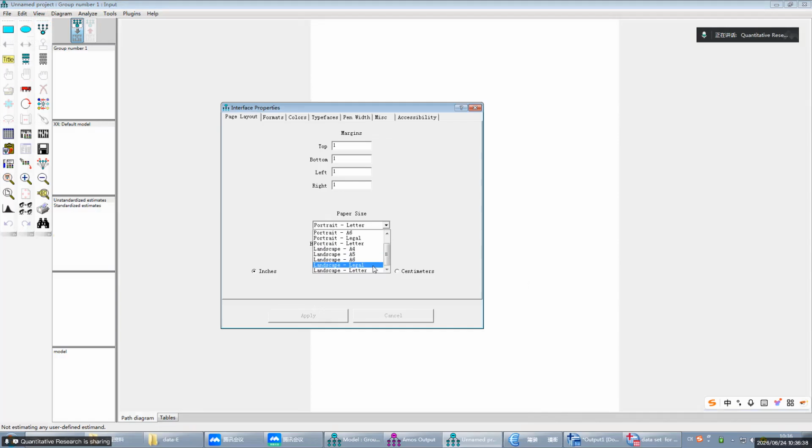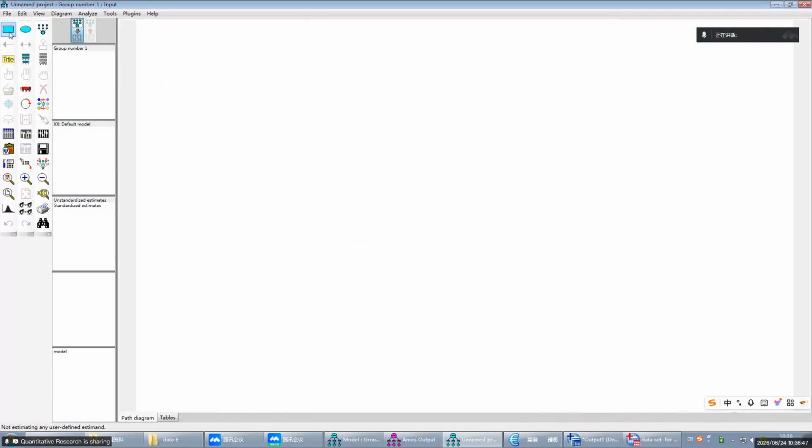So I construct the model all over again. For that data, we have bridging social capital.